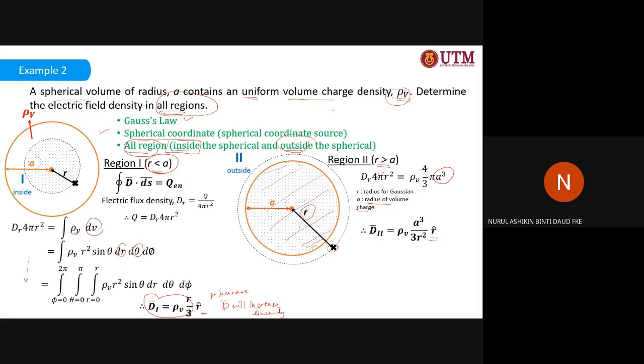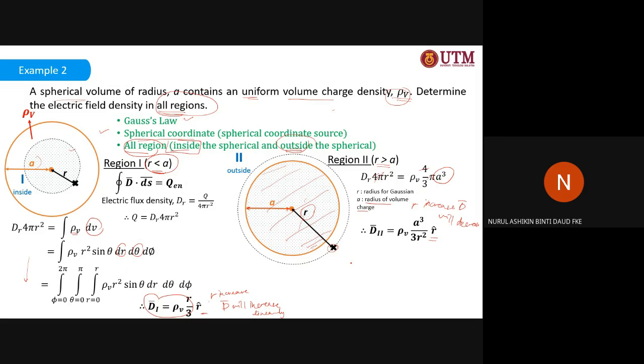However, if the electric field density is located outside the spherical shape, when the distance r between the electric field density and the point charge is increased, the electric field density will decrease.